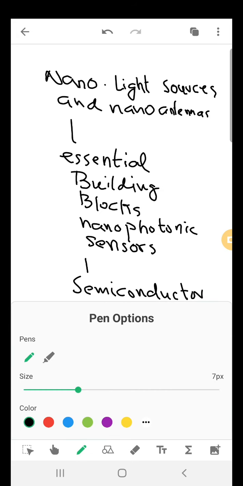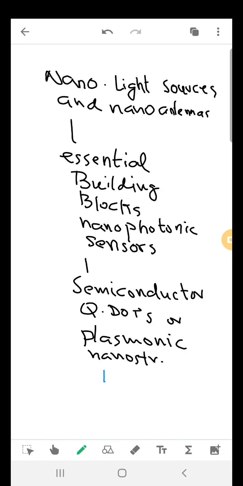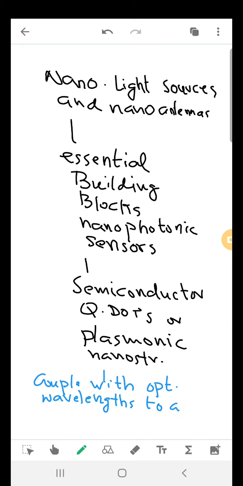These are done to couple with optical wavelengths to a nanoscale device.